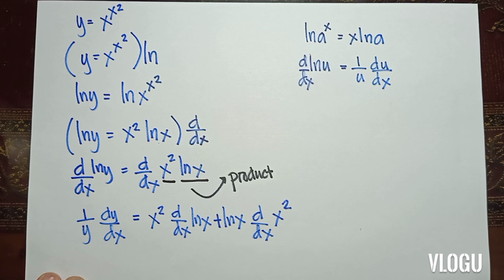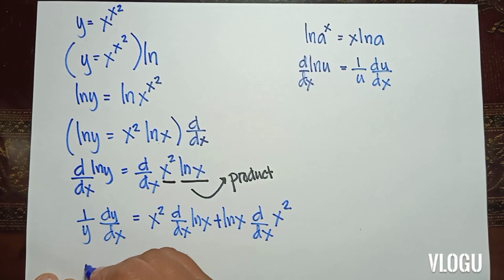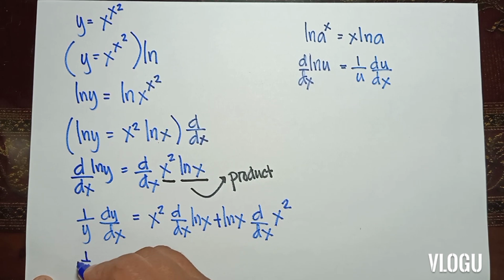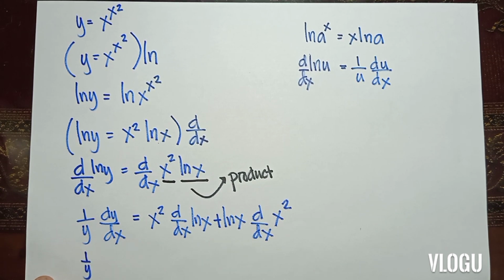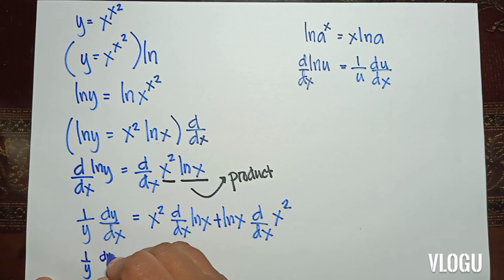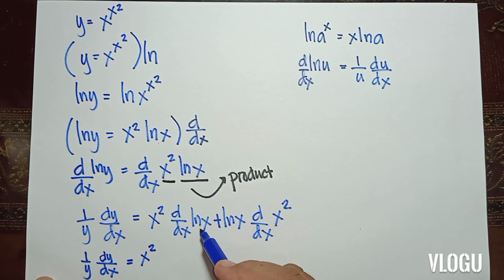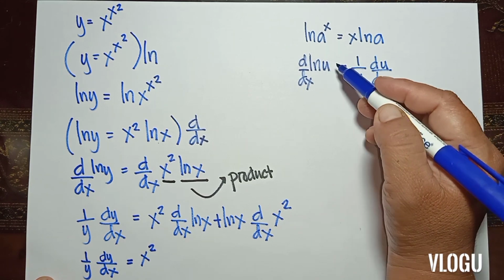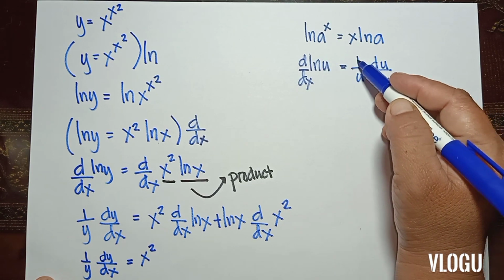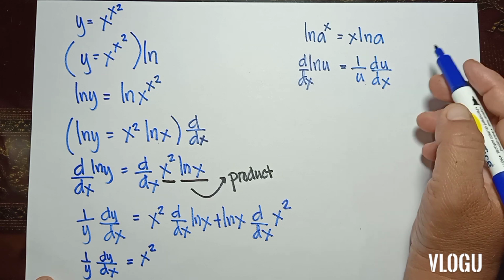So from that, we will have 1 over y, then dy over dx, then we will have x squared times the derivative of ln of x. What is the derivative of ln of x? The derivative of ln of u is 1 over u du dx.